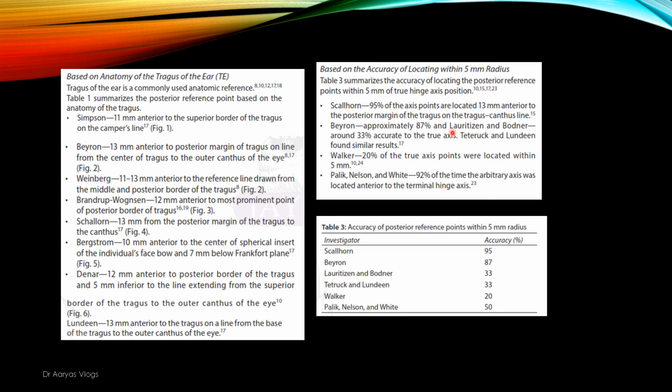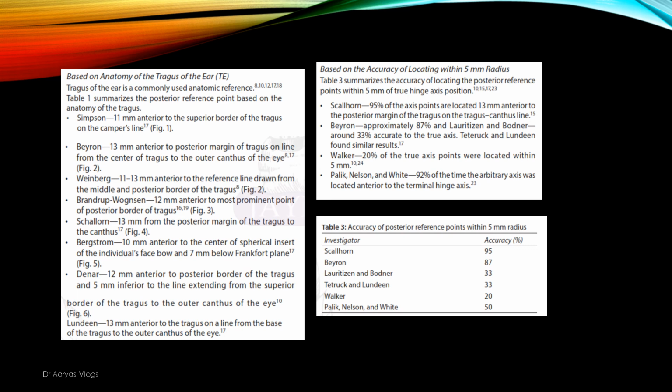Based on the accuracy of locating within 5 mm radius, this is table 3. It summarizes the accuracy of locating the posterior reference points within 5 mm of true hinge axis position. So Shallon, Bayern, Walker, Pallet, Nelson and White. Shallon, 95% of axis points are located 13 mm anterior to the posterior margin of tragus on the canthotragal line.